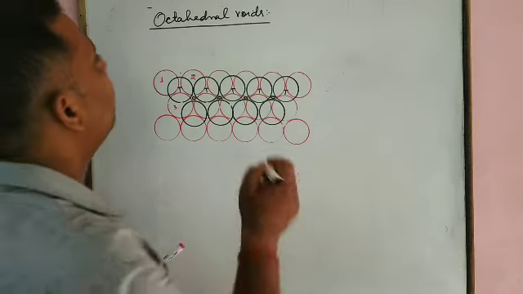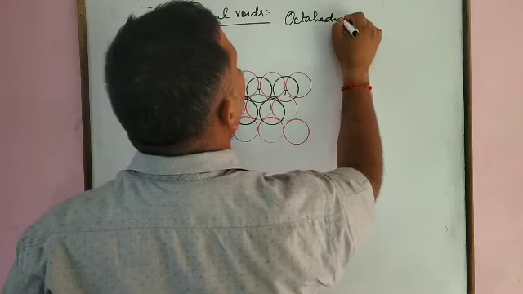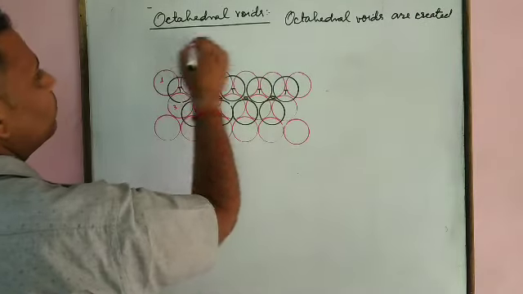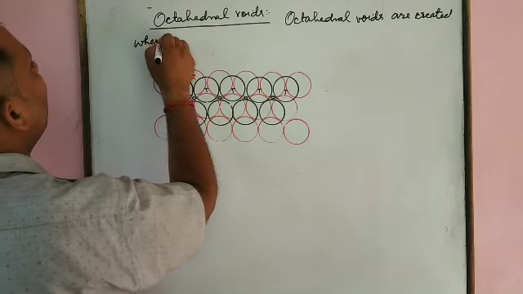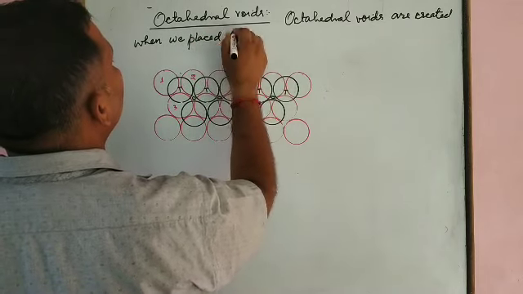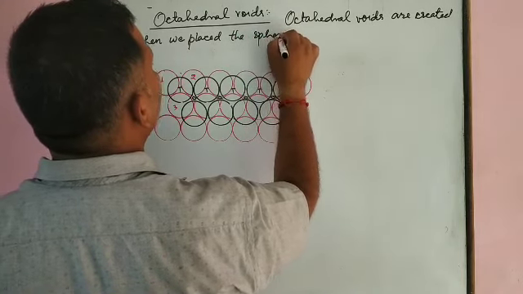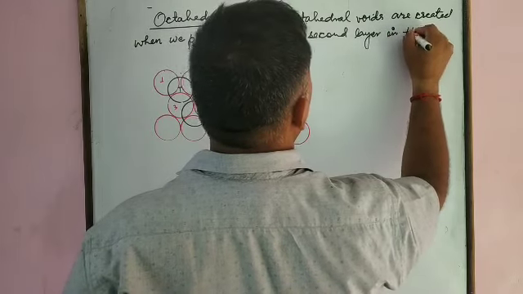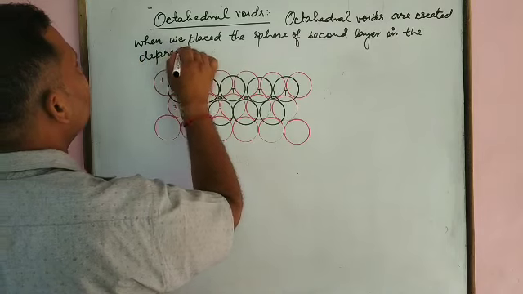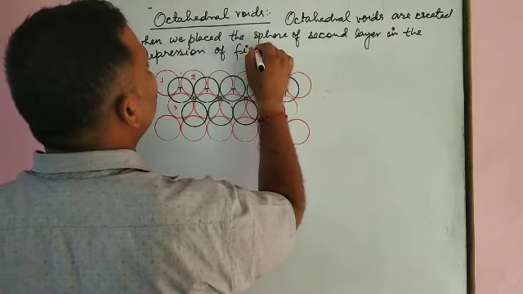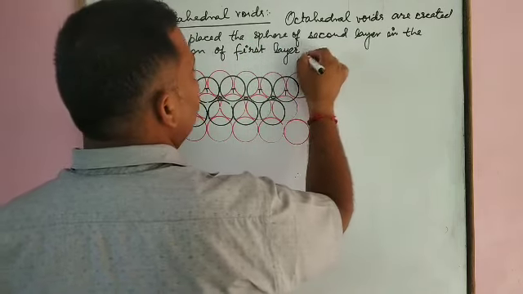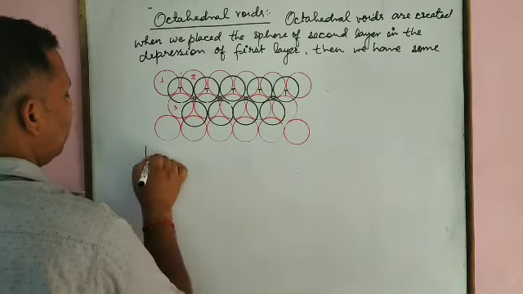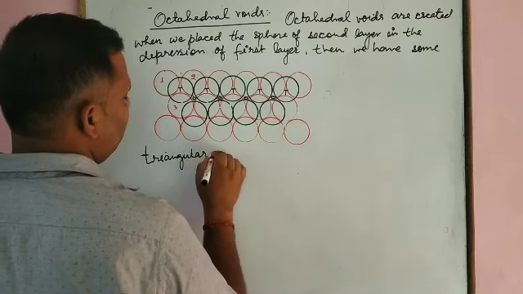It means octahedral voids are created when we place the spheres of the second layer in the depression of the first layer, then we have some triangular voids.